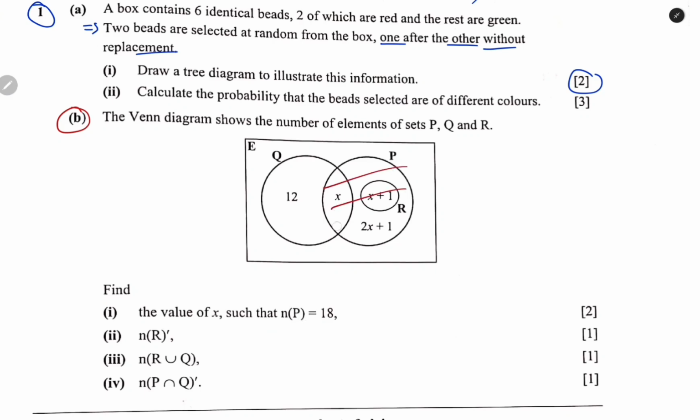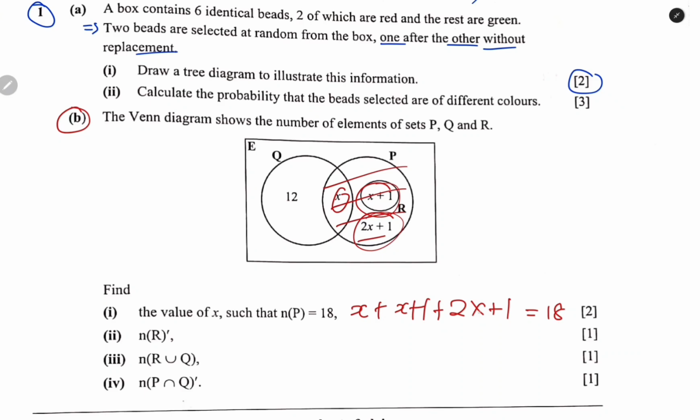So we are going to consider the whole set P. Even R is in P. So everything in P we add equal to 18. So x, this part, plus x plus 1 plus 2x plus 1 equals 18.